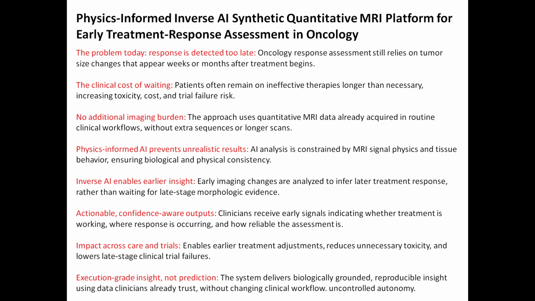So we are going to solve this problem with one-time scanning and physics-informed AI. Why? Because we are using MRI, so we know the MRI physics. Inverse AI means that even though it's just one scan, it can infer the future state from the input state.